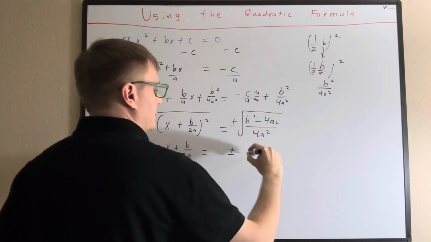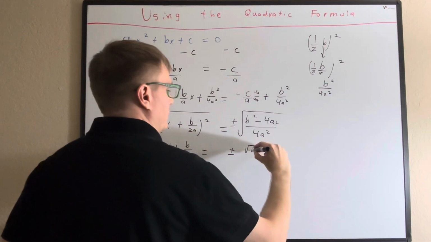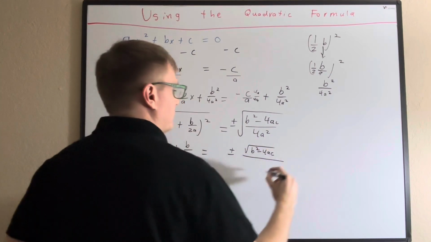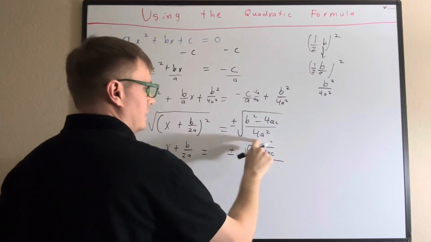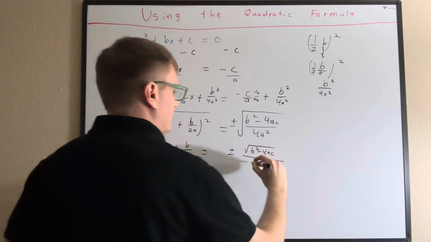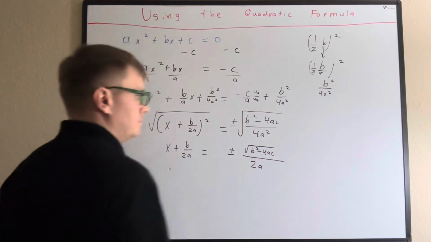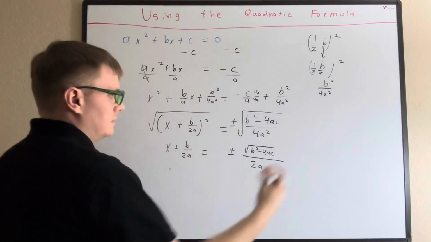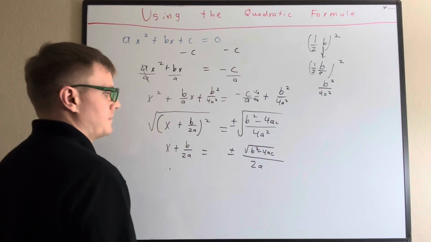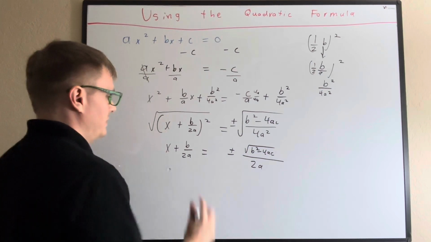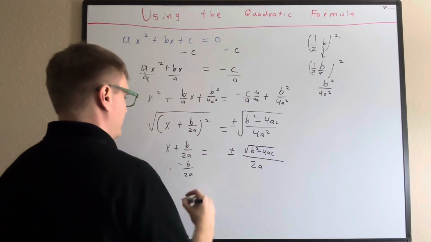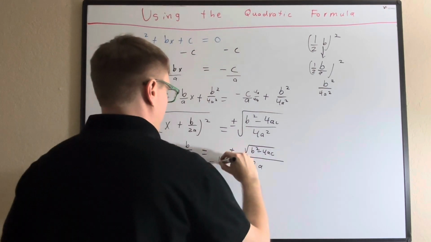And we're left with plus or minus square root of B squared minus 4AC all over, we can actually take the square root of the denominator, right? So 2A. Square root of 4 is 2. Square root of A squared is just A. Almost there. Subtract B over 2A from both sides.